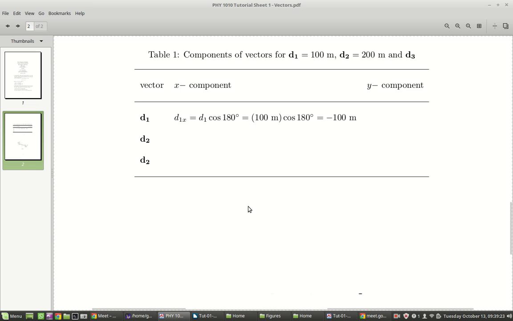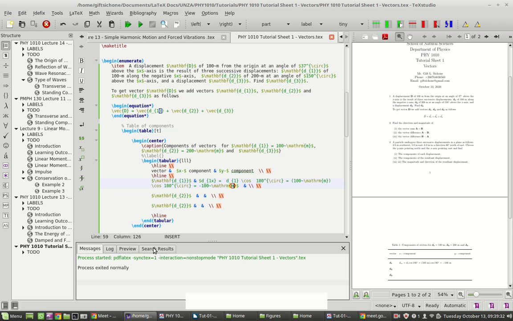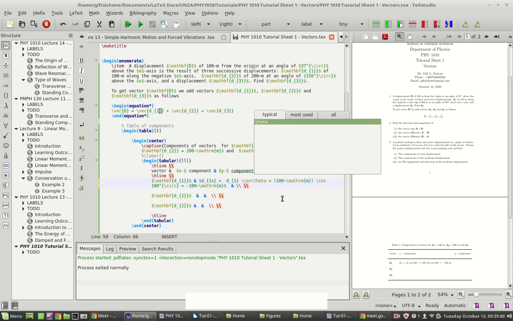So that's how we get d1x. d1x is equal to d1 cos the angle d1 makes. Actually, I would have written it like this: d1 cos theta 1, whatever the angle that d1 makes.